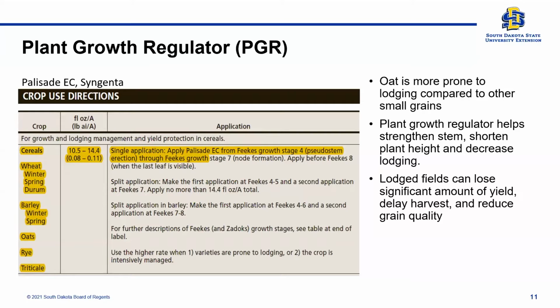Feekes 7 is when the nodes are forming, even the second node. When you see the second node in the plant, that would be Feekes 7. So that's the window in which you should apply this product.